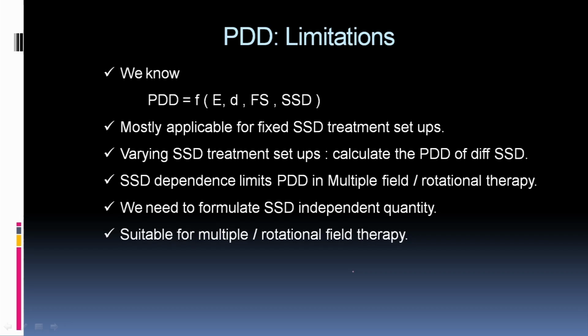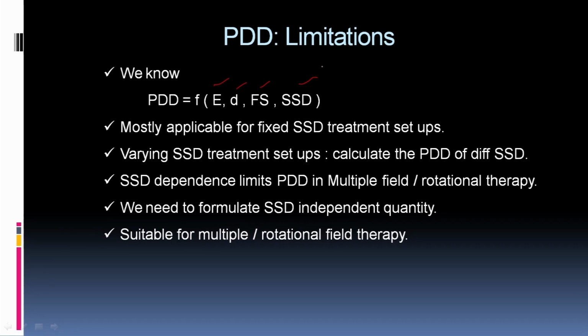Now we know that PDD is a function of energy, depth, field size, and SSD, but this PDD is mostly applicable only for fixed SSD treatment setups, where our source to patient surface distance is fixed. We can use percentage depth dose there, but nowadays there is little possibility that we go for such a fixed SSD setup, because in current days we are using multiple beams for treatment.